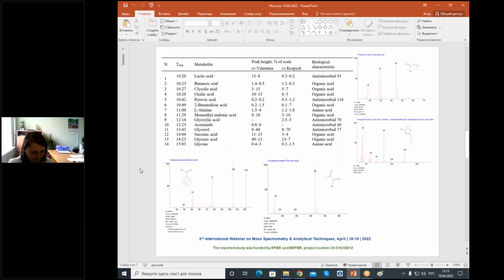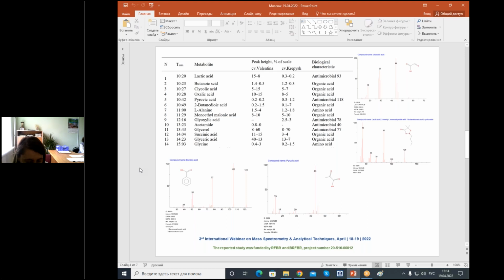antimicrobial characteristics, 5 belong to organic acids: lactic acid, pyruvic acid, glycolic acid, acetamide, malic acid, and tartaric acid.